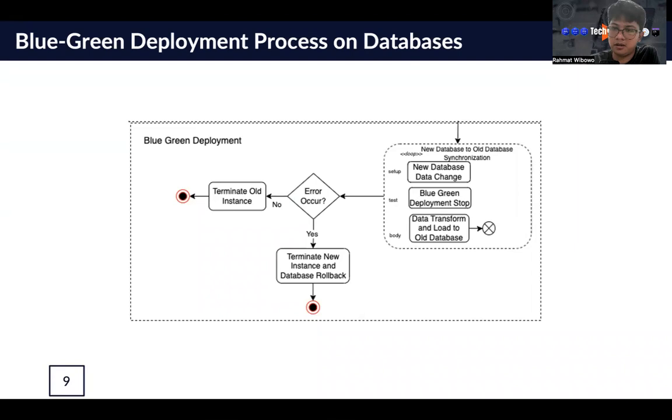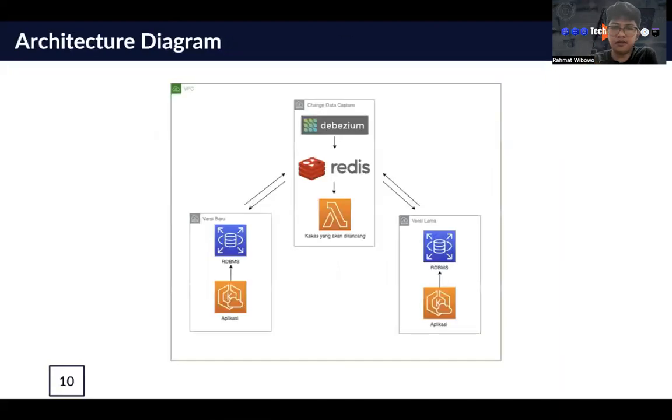The maximum amount of time for errors to occur is based on the agreement of the company. For example, I put 20 minutes to do the monitoring after the traffic is switched. Next is the architecture diagram.